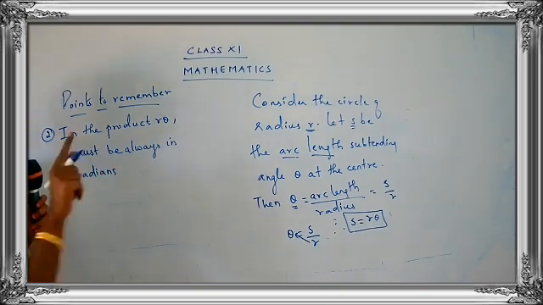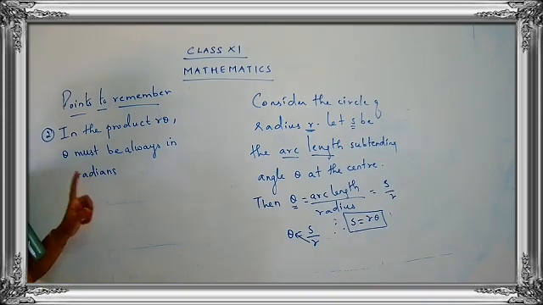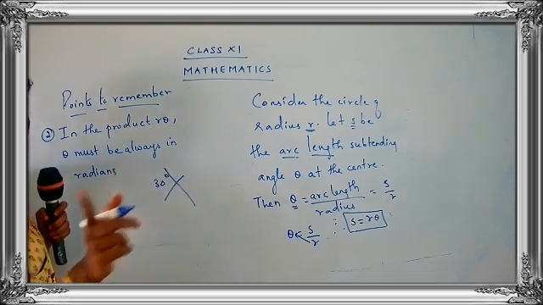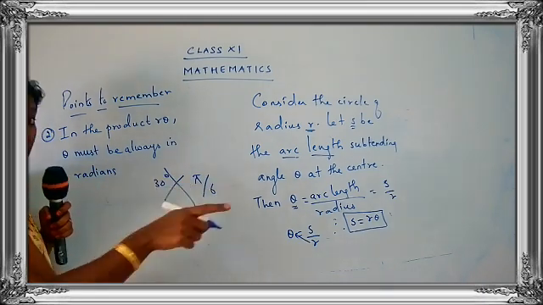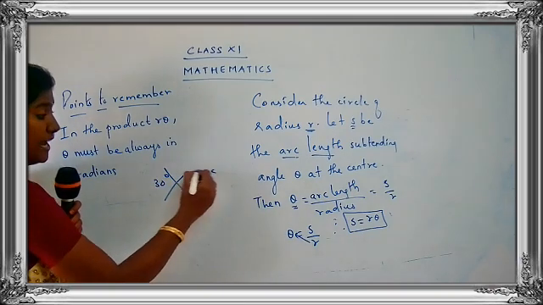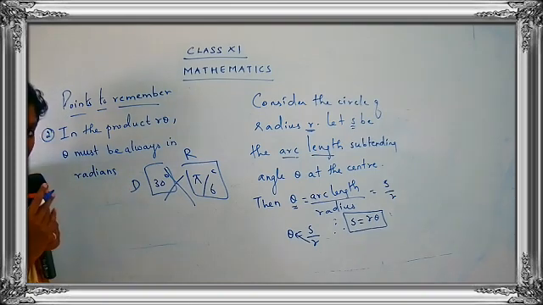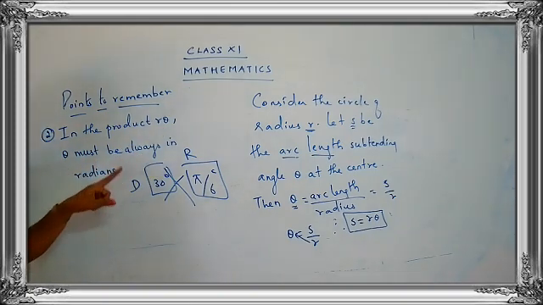Remember, you should always write the angle in terms of radians. You are not going to write the angle in terms of degrees. You cannot write 30 degrees, this is not allowed. You have to write the answer as pi by 6. You write the angle in terms of radian, not in terms of degree. Getting my point? So in the product r theta, theta must always be in radians.